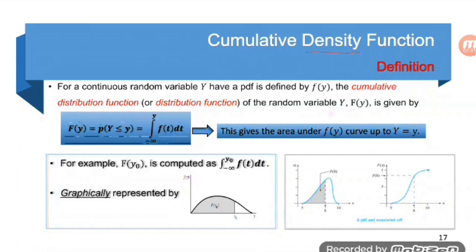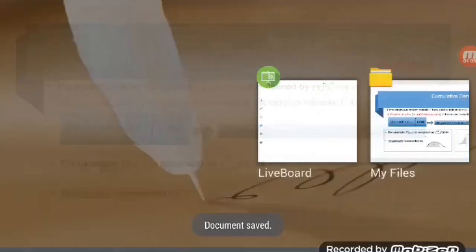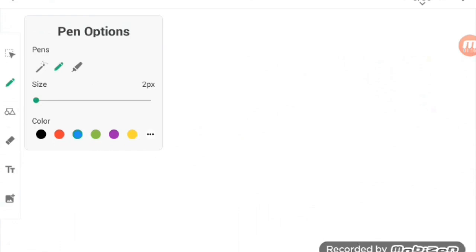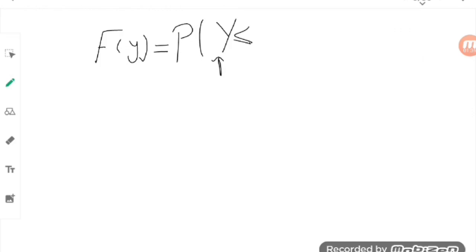If we try to remember the same definition for the discrete random variable, the cumulative distribution function, and we here denote it by capital F of y, of a certain value y, in fact it gives the cumulative probability, or the probability that the random variable Y, and here we write Y as a capital letter, is less than or equal to a certain value, and we denote it by small y.